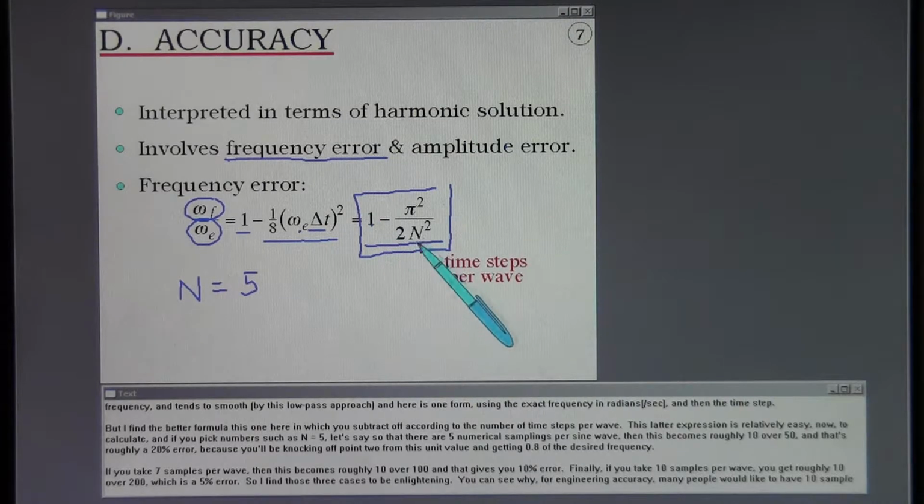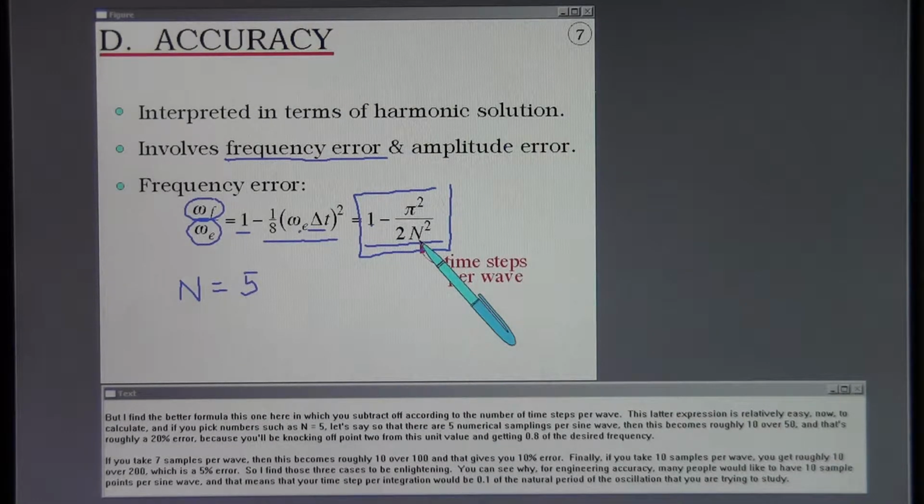If you take 7 samples per wave, then this becomes roughly 10 over 100, and that gives you 10% error. Finally, if you take 10 samples per wave, you get roughly 10 over 200, which is a 5% error.